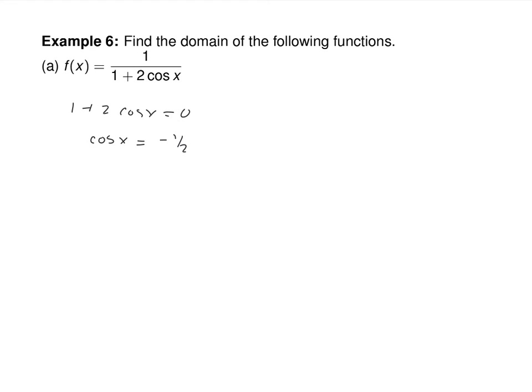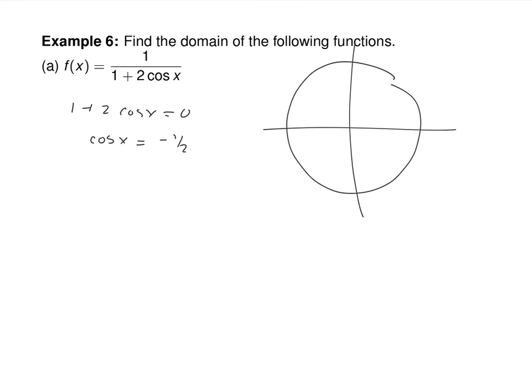Okay. So there's a circle. In which quadrants is the cosine negative? 2 and 3, great. Because cosine is the x coordinate, right? All right.